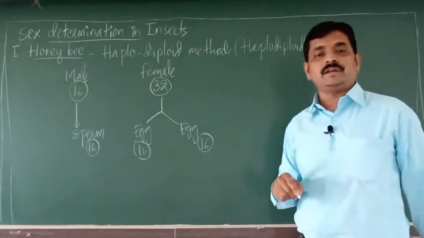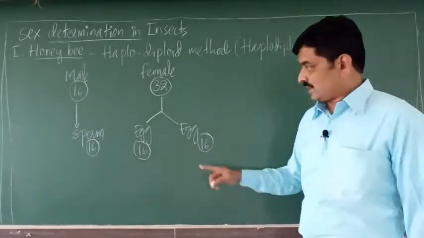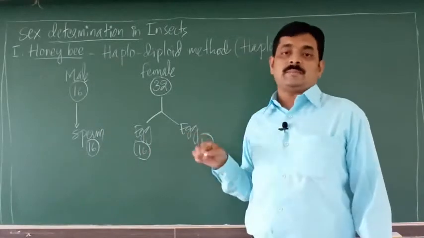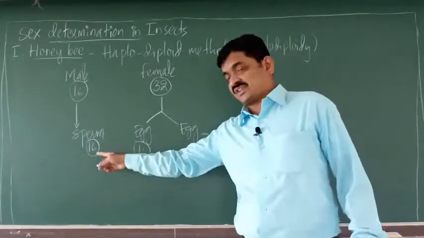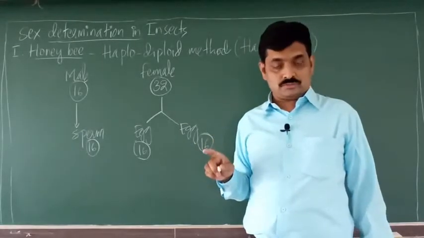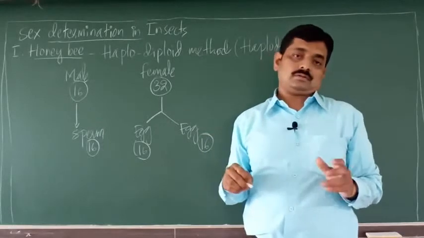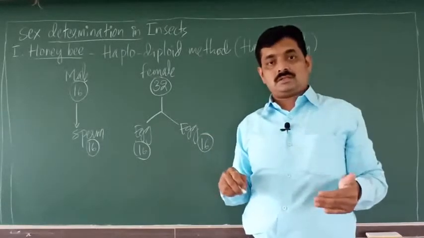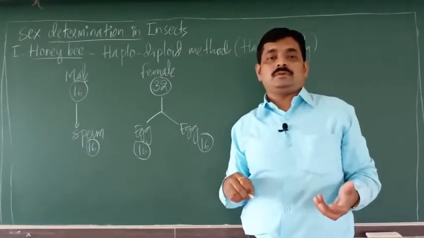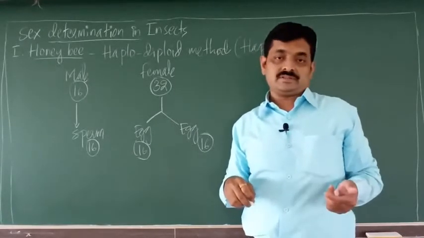The female honeybee produces eggs which are haploid. So here haploid male and female gametes are produced. Sperms have 16 chromosomes. Eggs also have 16 chromosomes. Now here fertilization and non-fertilization determines the sex in case of honeybees.